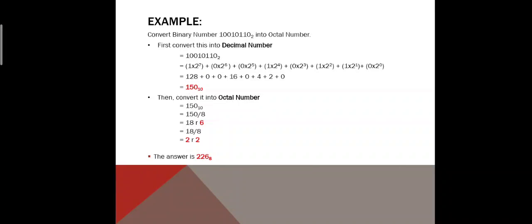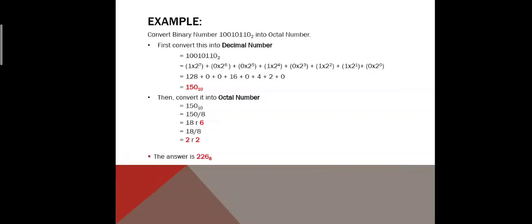So, pag ipa-plus mo yan, 128 plus 16 plus 4 plus 2 equals 150 base 10. Na-convert na po natin sa decimal number.